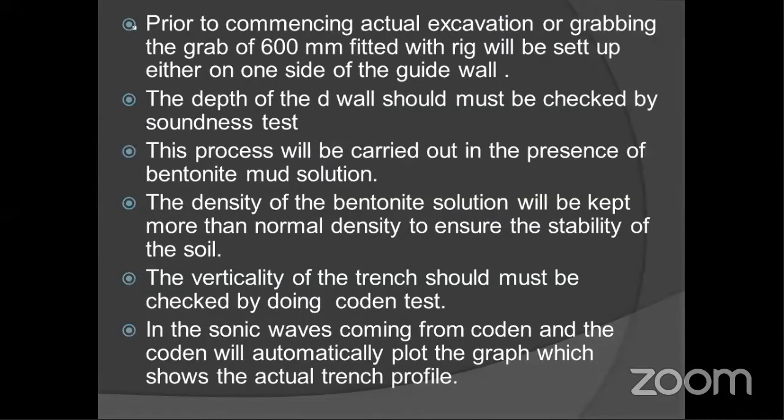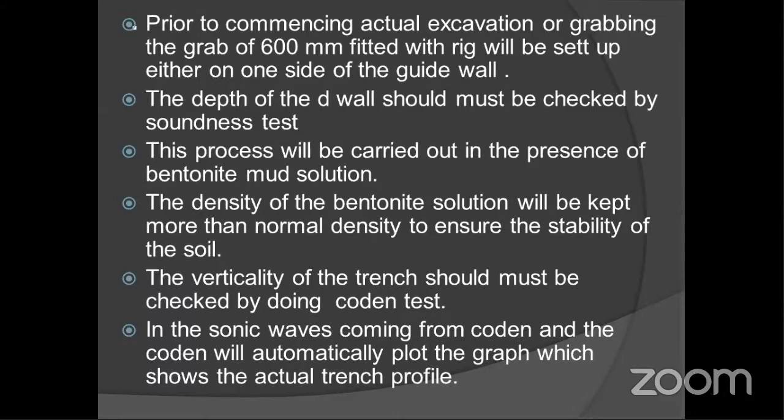To ensure the verticality of our D wall, we have to go for the Koden test. Actually, it is an expensive one. So we should select only 10 to 20% of our total number of panels where that test has to be conducted.